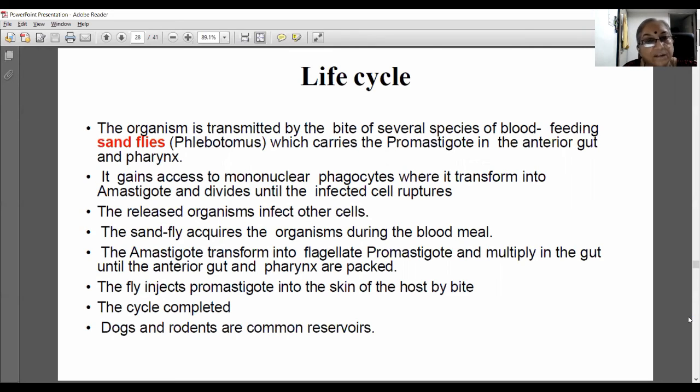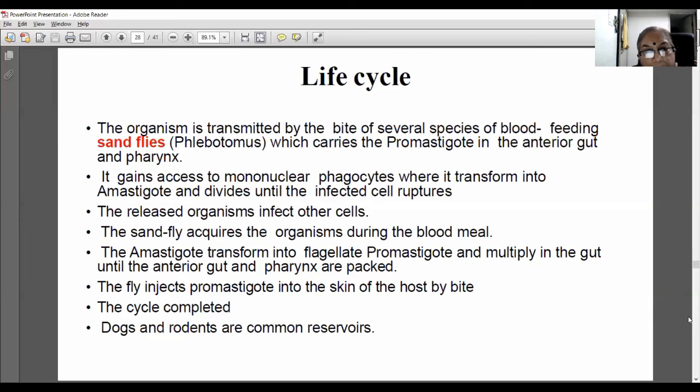Now, this amastigote form gets converted into the flagellate promastigote form and multiplies in the gut until the anterior gut and the pharynx are packed. The whole thing goes on multiplying like it has been multiplying in the mononuclear cell.